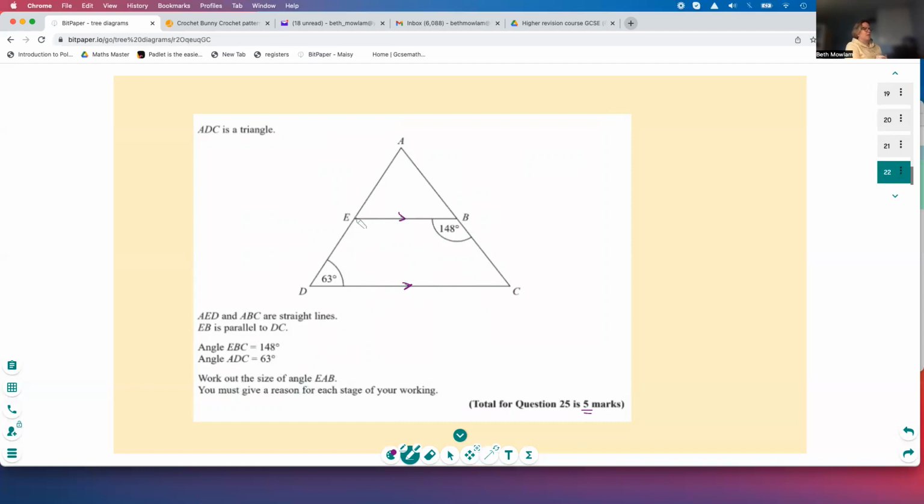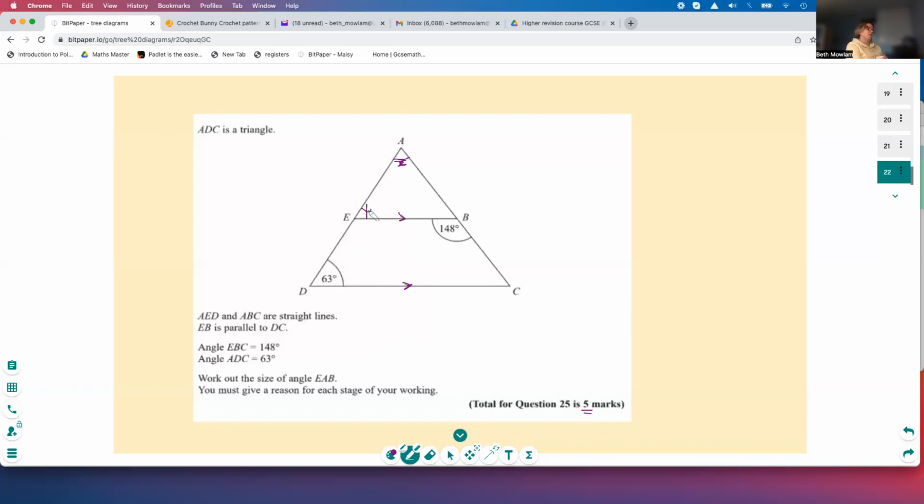So to get EAB, we start at E, we go up to A, down to B. So the angle is the one in the middle. So we want to work out this angle. I'm going to call it X, so I know what I'm trying to work out. So again, fill out anything you know, anything you spot. So rules you might spot, you might go, oh, I've got some corresponding angles here.